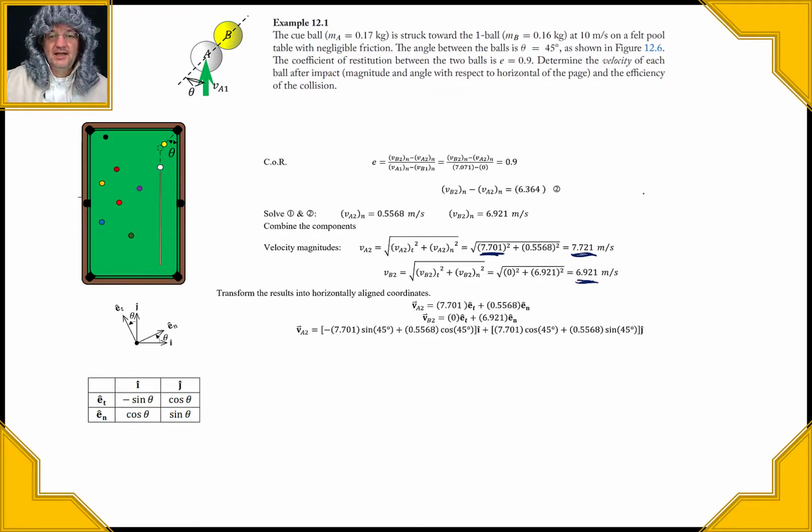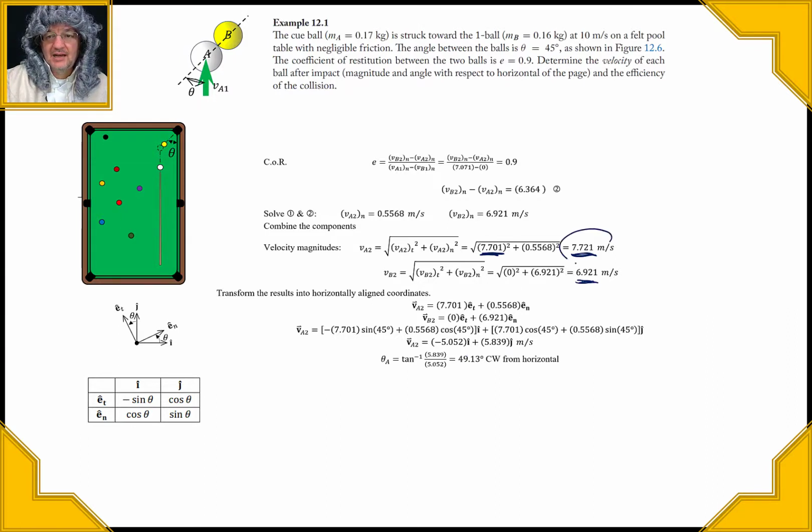So we use our coordinate transformation again to get it into the I, and then into the J. So here is the vector in the rectangular coordinates.